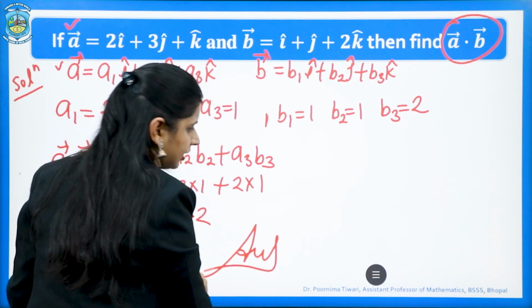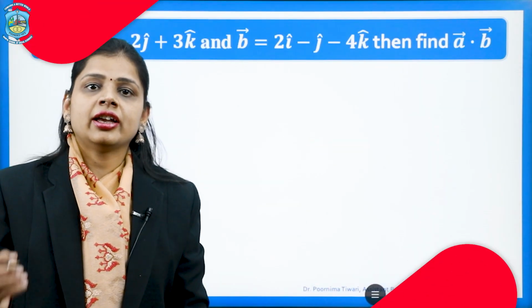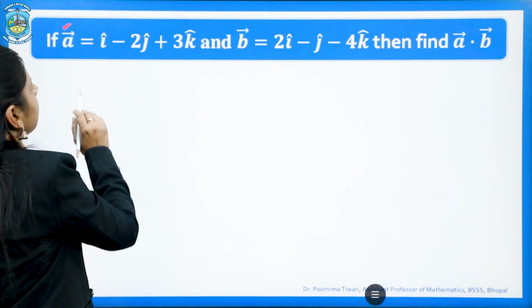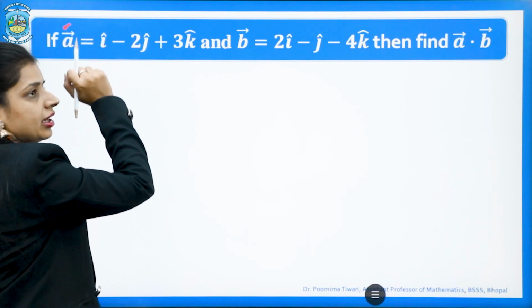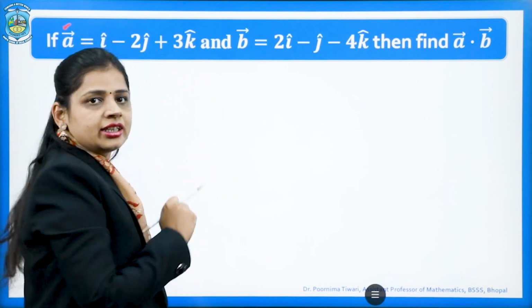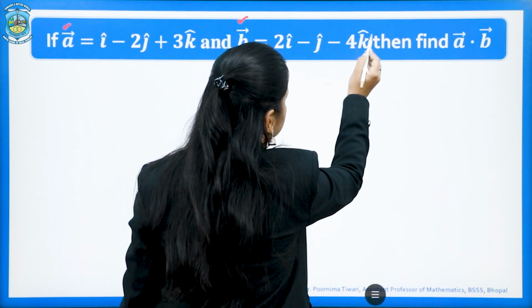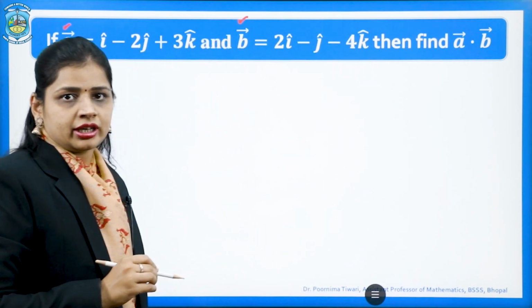That is our answer. In next question, we will find dot product of vector A, where A is i cap minus 2j cap plus 3k cap, and vector B is 2i cap minus j cap minus 4k cap.